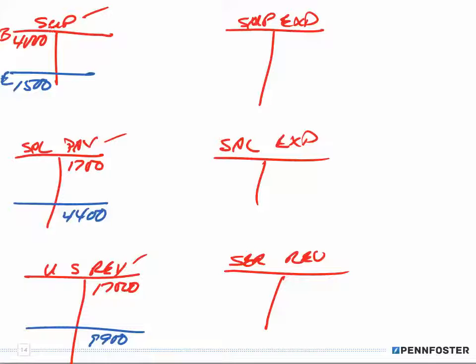So if I had a supplies beginning balance of 4,000 and now I only have 1,500, that means I'm decreasing it. So I'd have to credit the supplies account for $2,500.